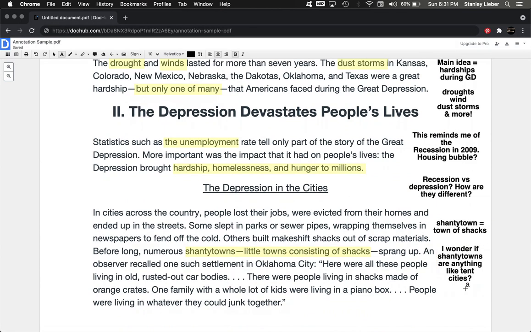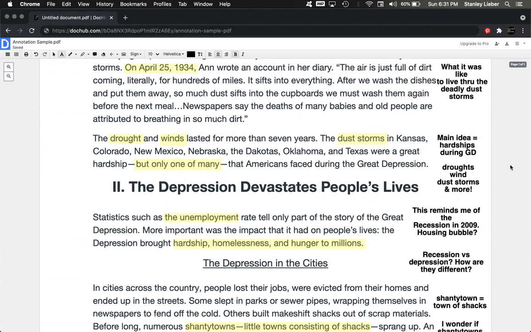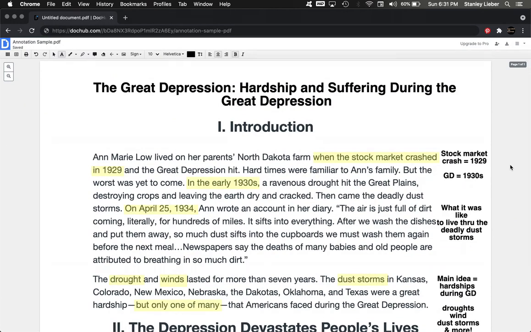You can start comparing what's going on in your text to what's happening now. You can mark certain vocabulary words that are important. But most of all, it's really just having this conversation with your text, being active in what you're doing, and it's going to help you learn more, get more understanding out of what you're reading, and then help it stick with you longer. Even past just passing this class down the road, this information might stick in your long-term memory better.